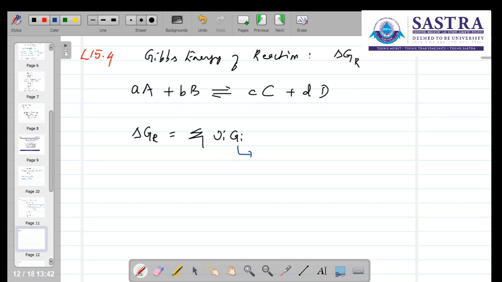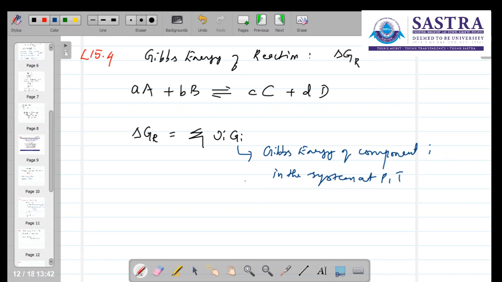Now this G i is the Gibbs energy of the reacting species i in that system at P and T. Note this is its pure component Gibbs energy and not the partial molar Gibbs energy. So this is the pure component Gibbs energy of i.